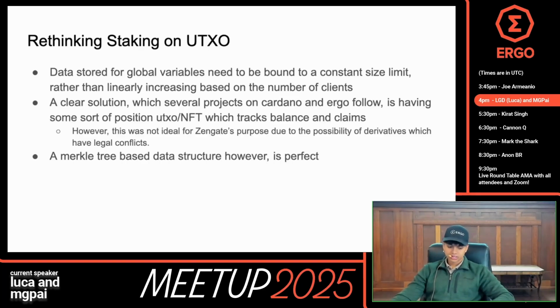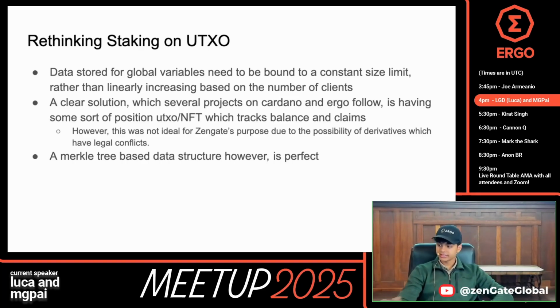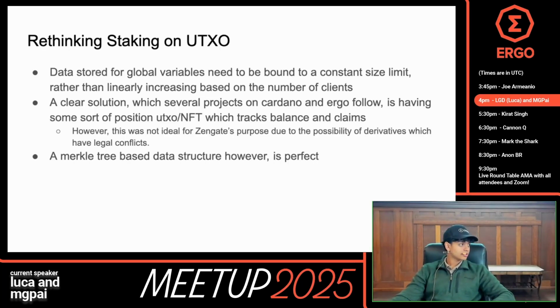So I thought of this data structure called a Merkle tree, and this was absolutely perfect. On Ergo, you have the AVL tree, and it's quite similar, so it can just translate to Ergo. Also, what's really interesting is that the Merkle tree data structure was just implemented at a contract level on Cardano.